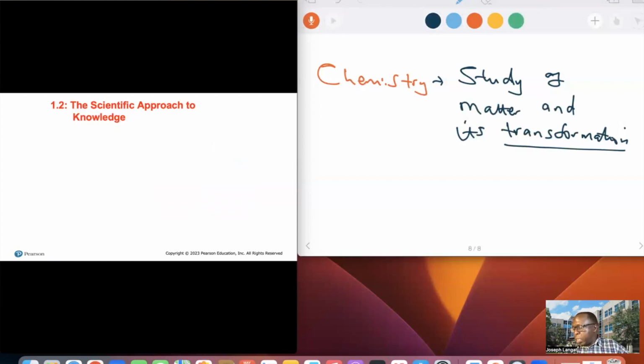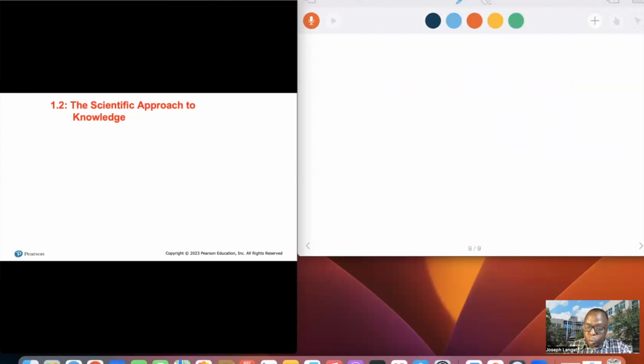Now, let's see chapter 1, section 1.2. The scientific approach is simply the way scientists study science. There is a systematic way of studying science we call the scientific method, and the approach is based on observation and experiment.